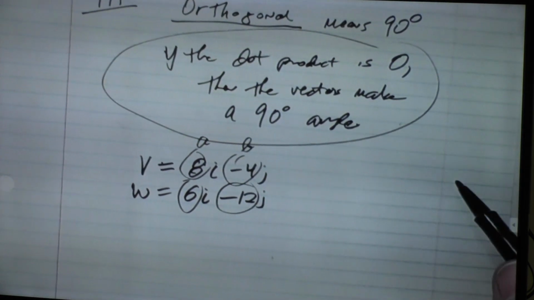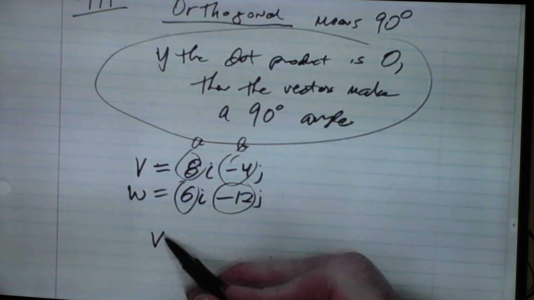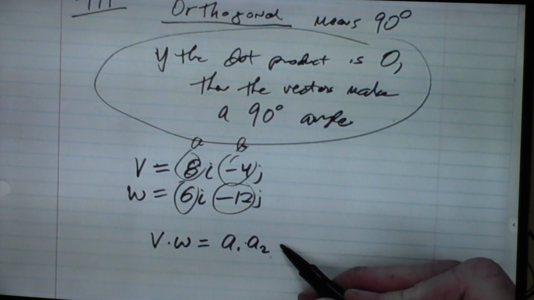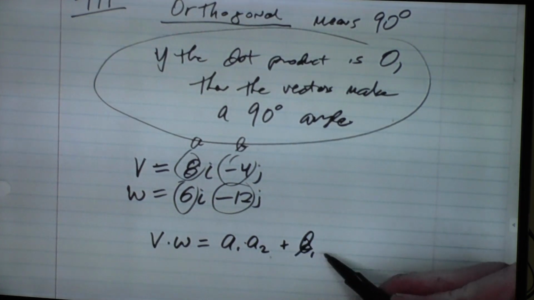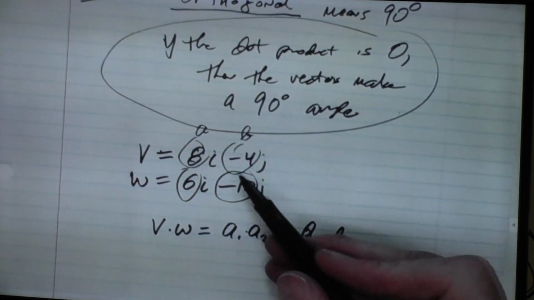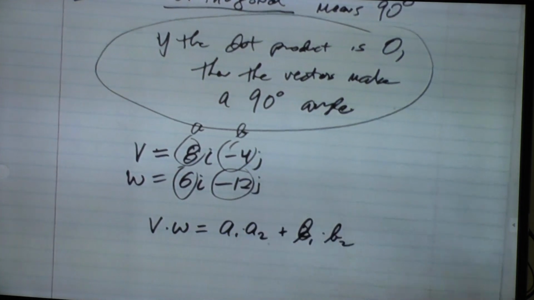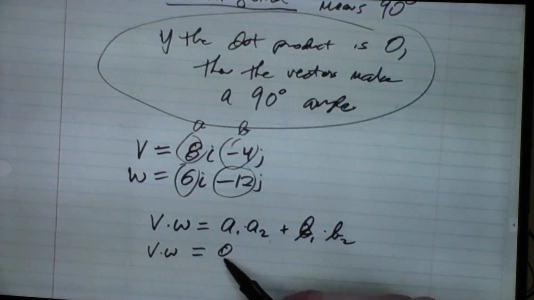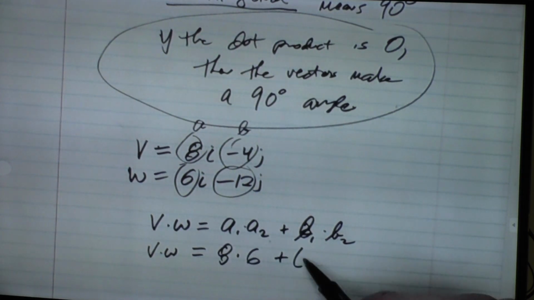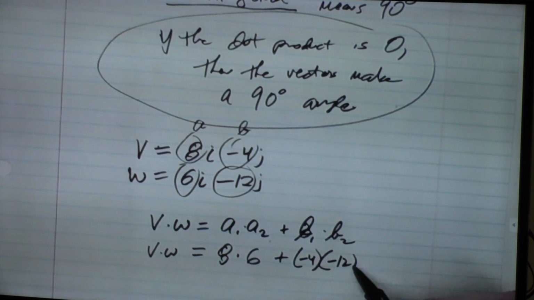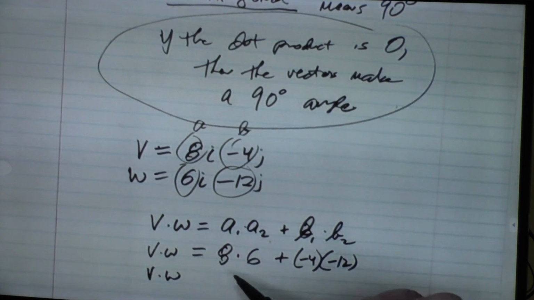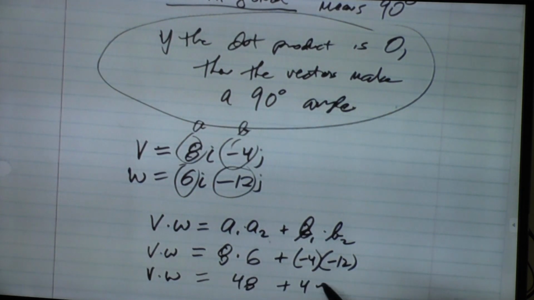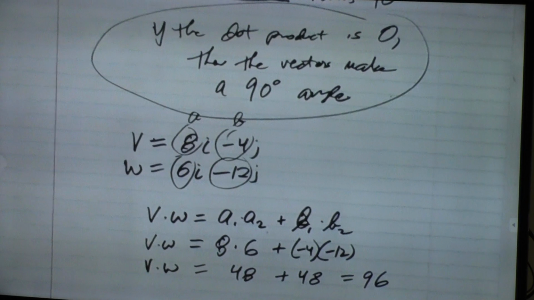Interesting. So v times w equals 1a times the other a plus 1b times the other b. So we multiply these two and multiply these two and add them. V times w equals 8 times 6, negative 4 times negative 12. V times w equals 48 plus 48. It equals 96.